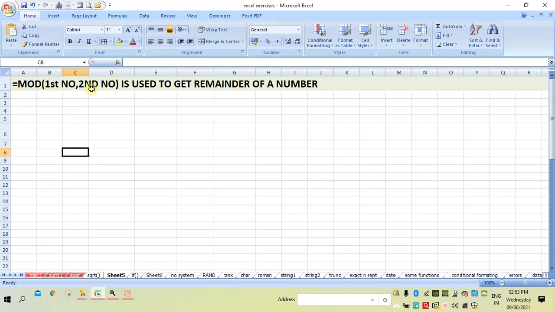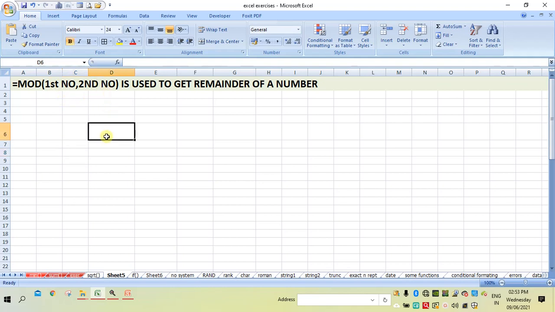This function is used to get the remainder of a number. To get the remainder of a number, the function is MOD. Its syntax is equal to MOD in brackets, first number and then second number.